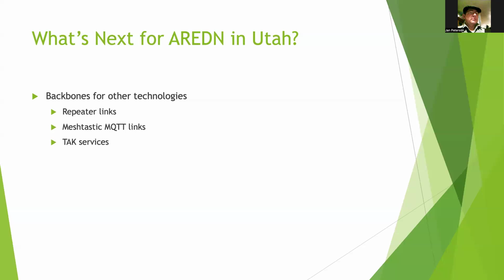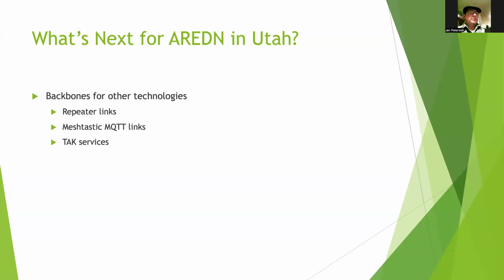And Meshtastic nodes have this built in. So if you've got multiple Meshtastic networks that have connectivity into an AREDN backbone, they can all talk to each other over this wide area network. So kind of a cool thing.